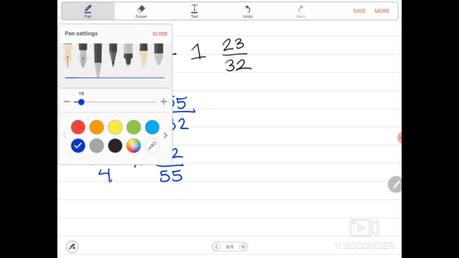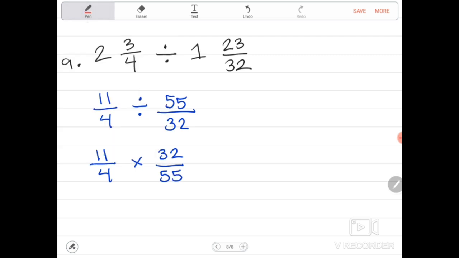Okay? So, we can also cancel if we can already see that it can be in the lowest term. So, this one, they are divisible by 11, so it will become 1. This one will become 5. About the 4 and 32, yes, divisible by 4, this one will become 1. This one will become 8.